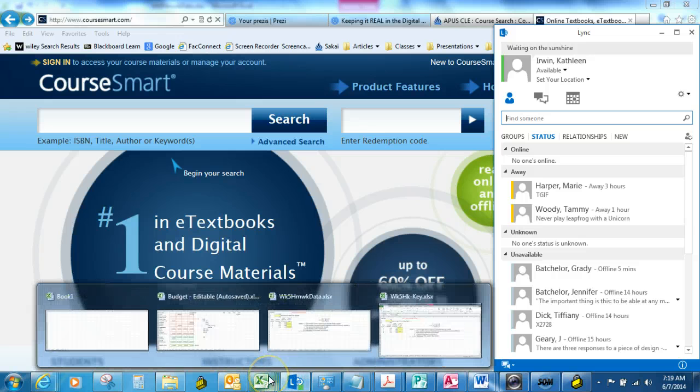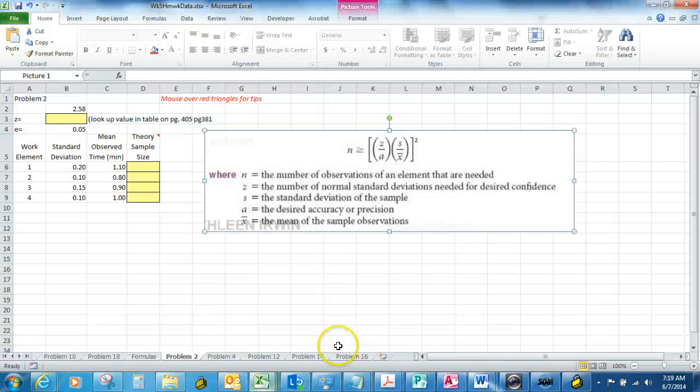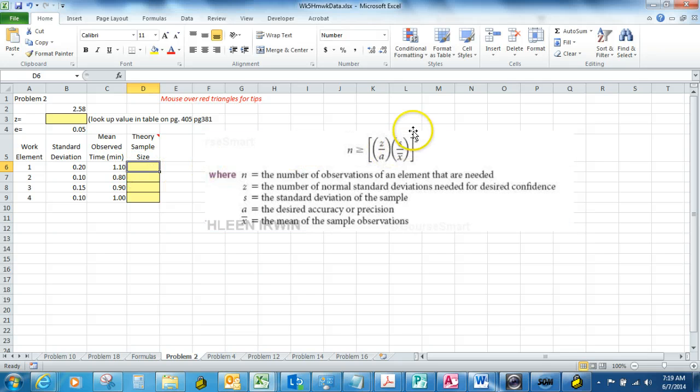This is step one, and this is what we're going to be doing in problem number 2. We're going to be using this formula, and this formula does look kind of ugly, but it's actually pretty simple. The first two inputs that you need are given to you.